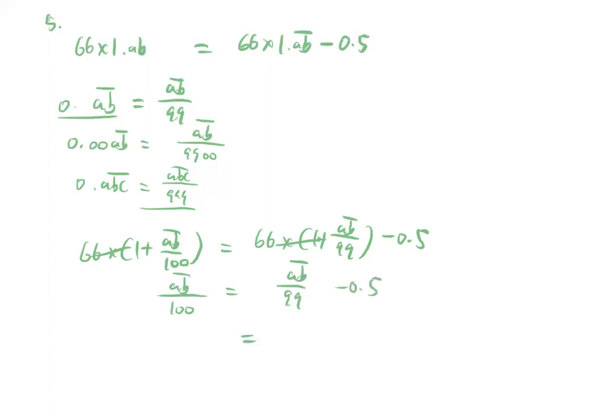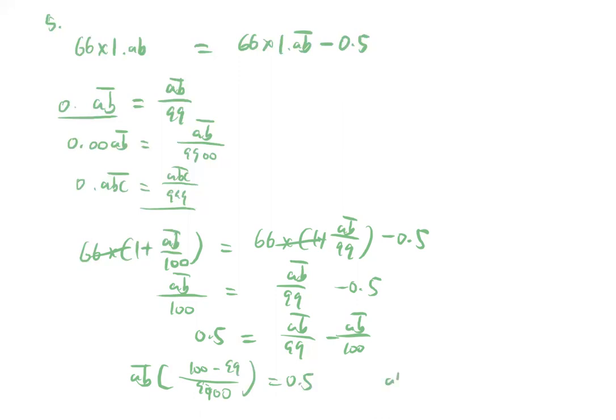We rearrange the subjects, we get something like this. And we know we can group AB out, and we'll get this equation. So in fact, AB is just equal to 0.5 times 9900. So 5 times 990.